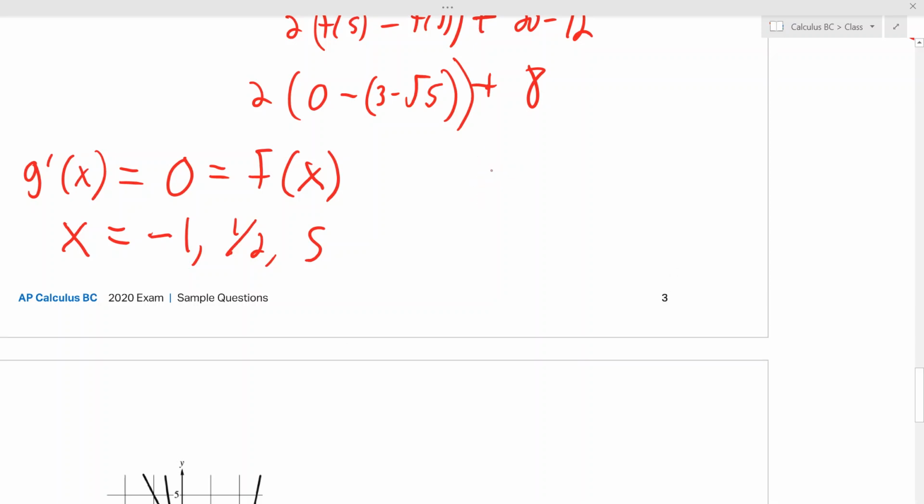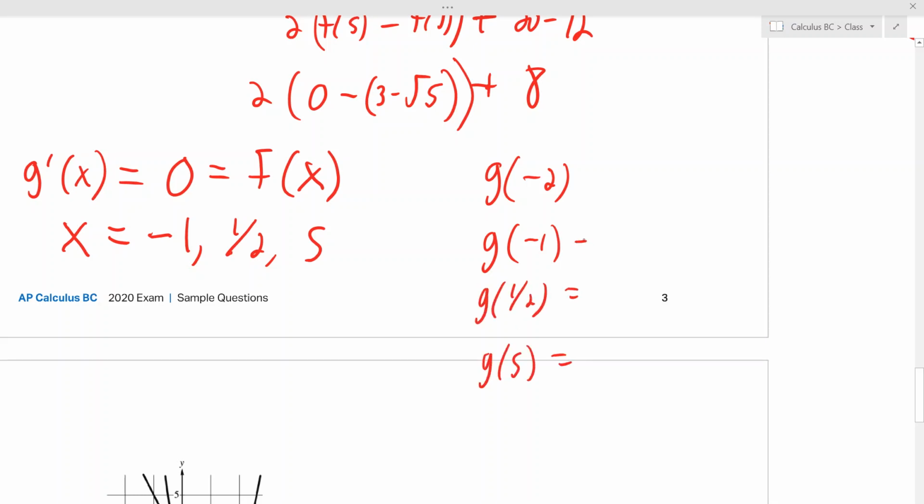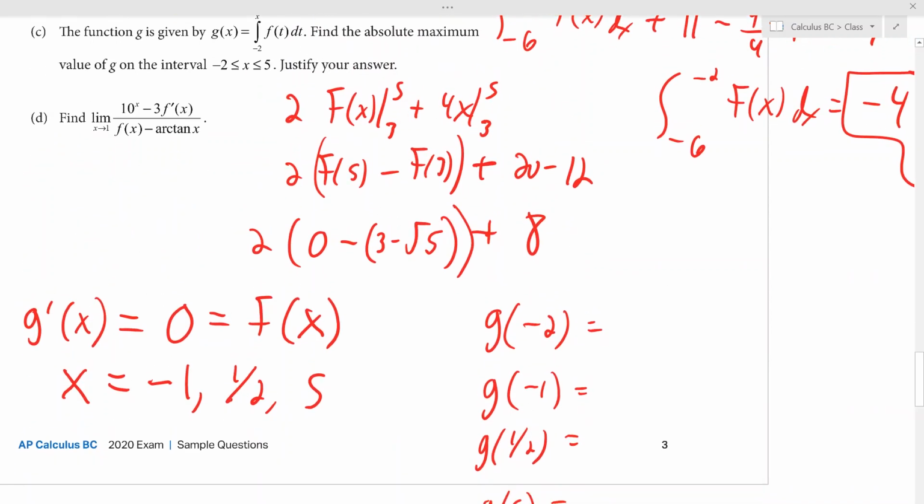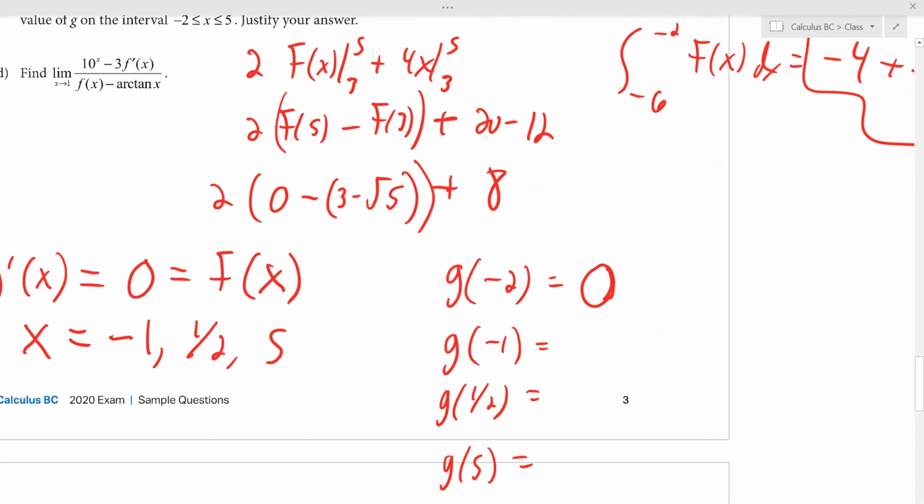So we need to find, not f, we need to find g of -2, g of -1, g of 1/2, and g of 5, which was our other endpoint anyway. Now, because g is the integral from -2 to x, g of -2 is 0. And everything else just depends upon the areas in these triangles in the semicircle or quarter circle we had there.